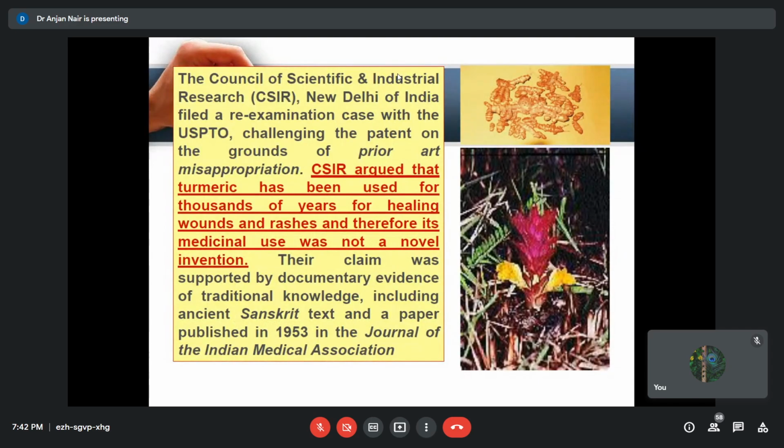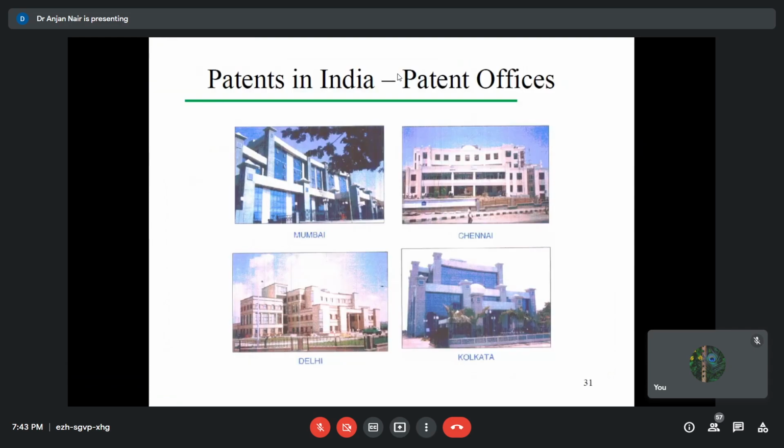And fortunately for us, since Sanskrit would be difficult for the US patent office, in 1953 the Journal of the Indian Medical Association had published an article on the benefits of turmeric, and therefore the patent was rejected later. So it was a granted patent and then it got rejected. Again, as I told you, many common inventions which have been used for a long time cannot be granted a patent.